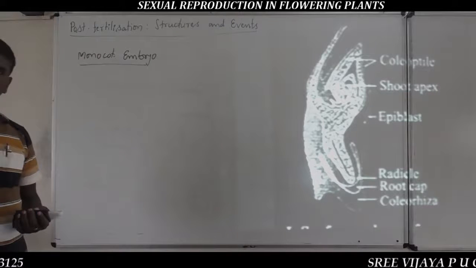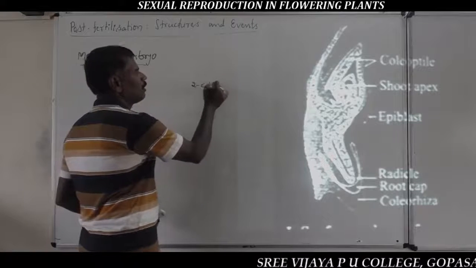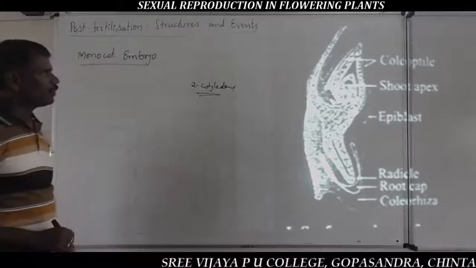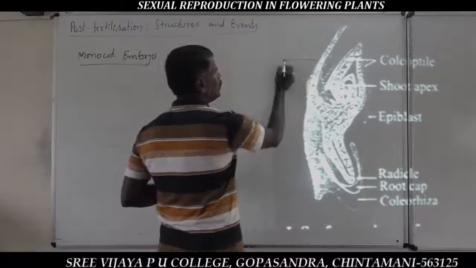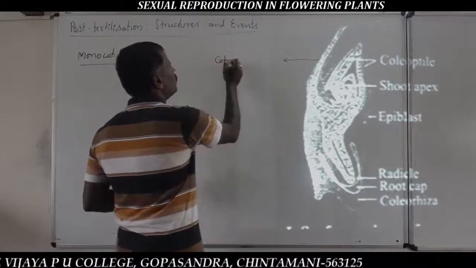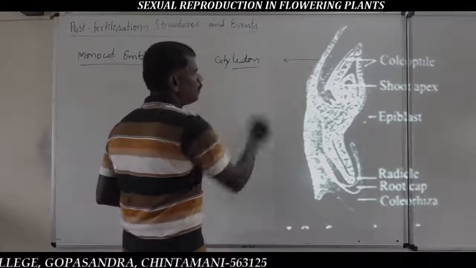In the dicot embryo, there is the presence of two cotyledons, but here there is the presence of only one cotyledon, the cotyledon of the monocot embryo.